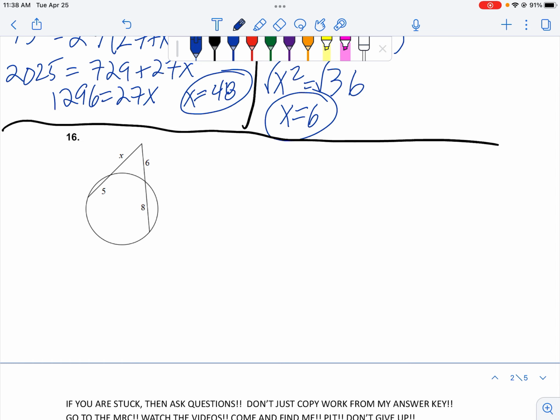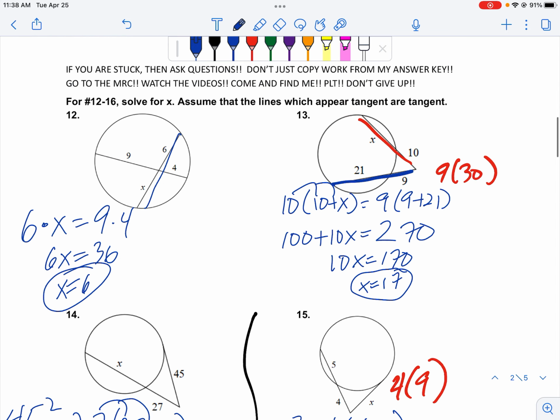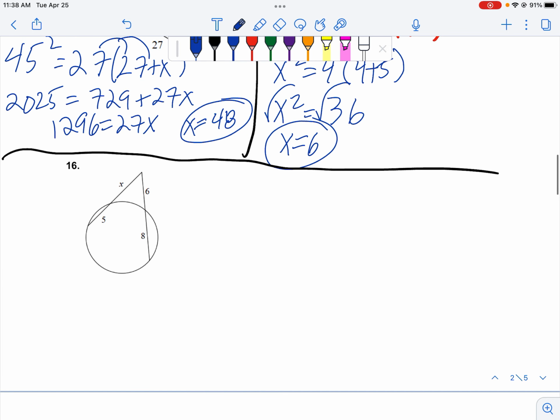Last one, number 16 is similar to number 13. Secant. These go together. x times x plus 5 equals, these go together, 6 times 6 plus 8.